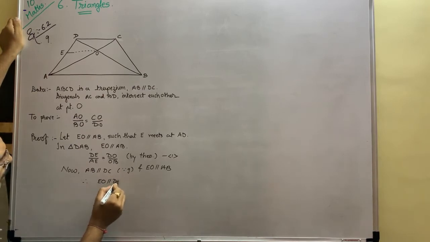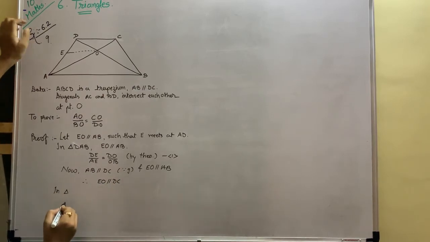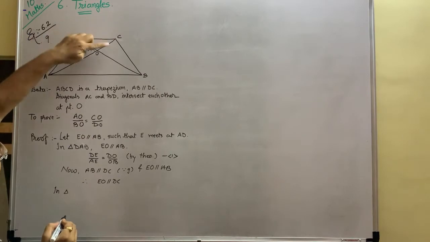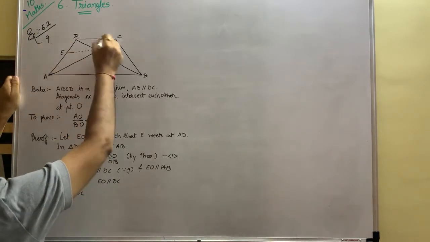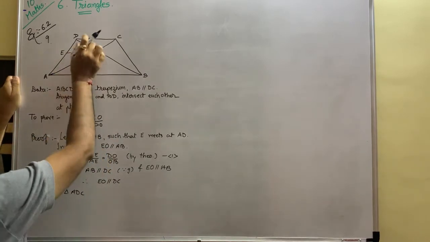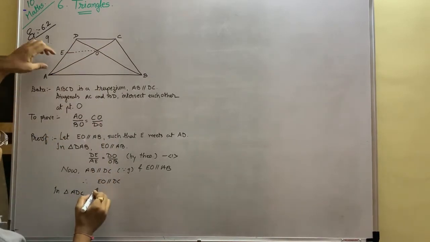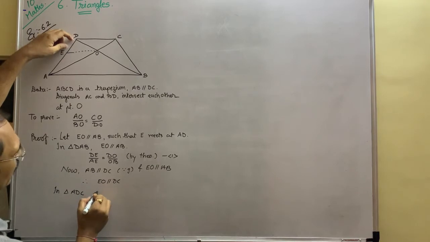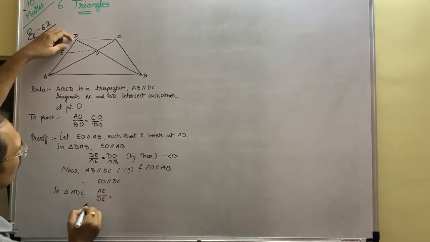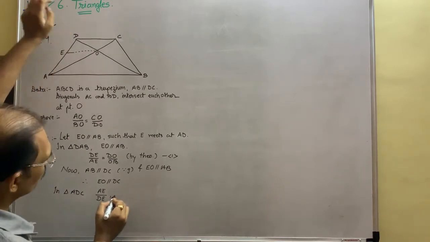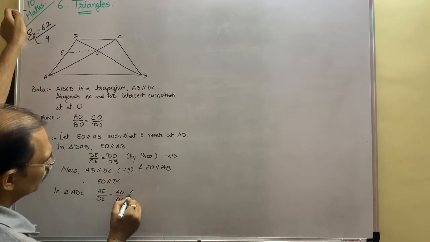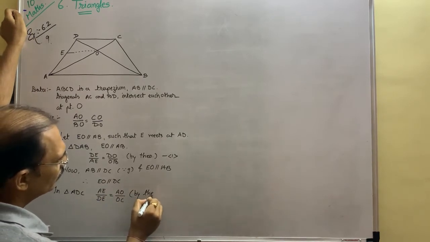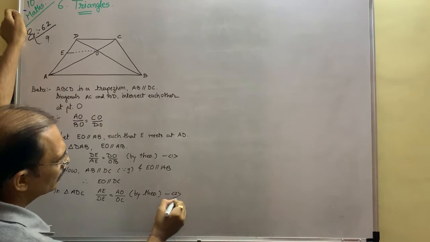So in triangle ADC, the inverted triangle, EO is parallel to DC, so sides are in the same proportion: AE upon DE equals AO upon OC, by theorem, result number 2.